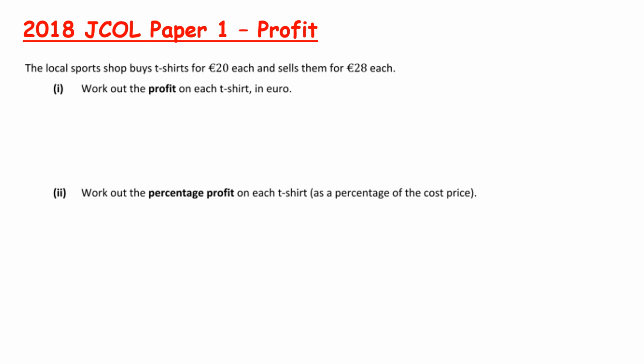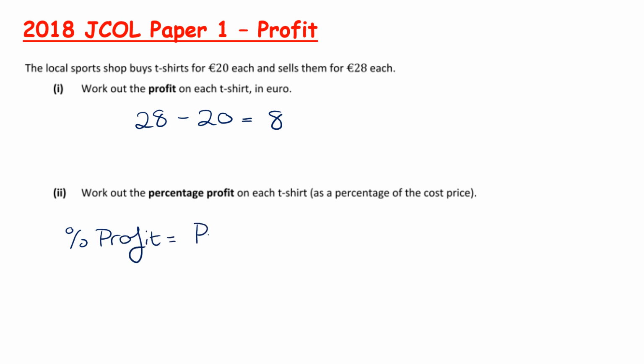So the next question is a 2018 Junior Certificate Ordinary Level question. The local sports shop buys t-shirts for €20 each and sells them for €28. Work out the profit on each shirt. So that's going to be €28 minus the €20, which gives us €8. Work out the percentage profit. So this is a profit as a percentage of cost price. Remember, when they give us that language, what they're telling us is how to write the fraction.